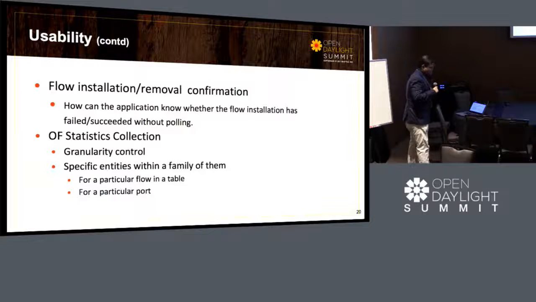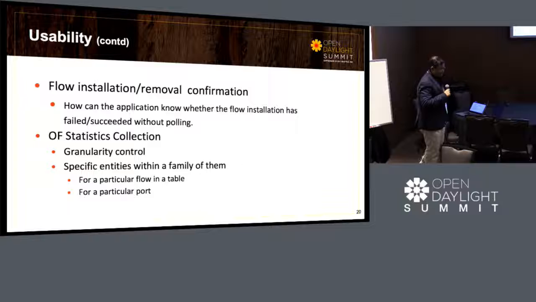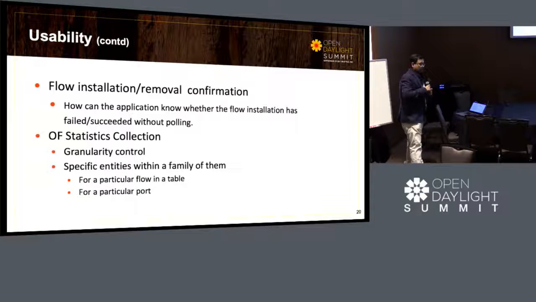The statistics collection, as I already mentioned, yeah. So there has to be some amount of granularity control brought into the current design. It's all or none as of now. So when you said you got to put it, I think the implementation is working for plugin polls. Or the app has to poll. The app can poll it, or the plugin also polls it.